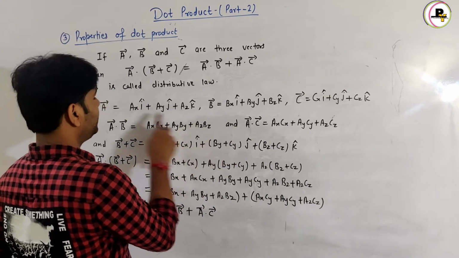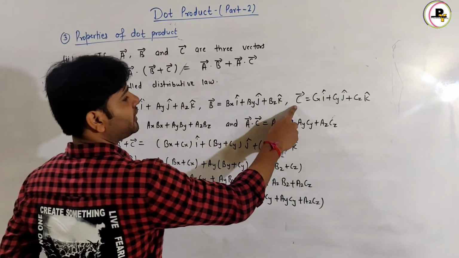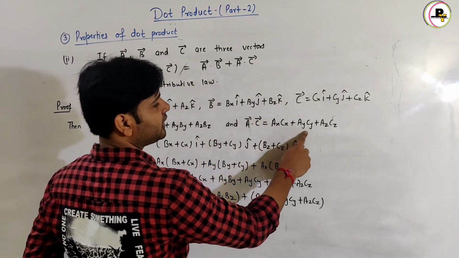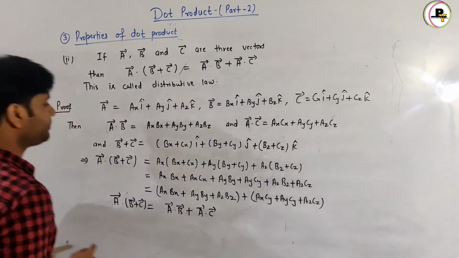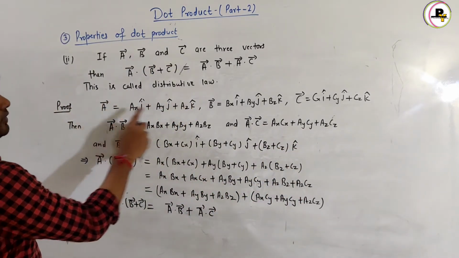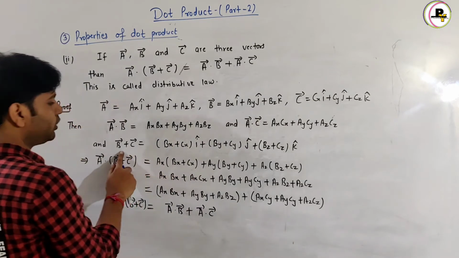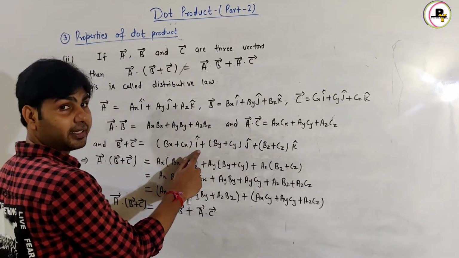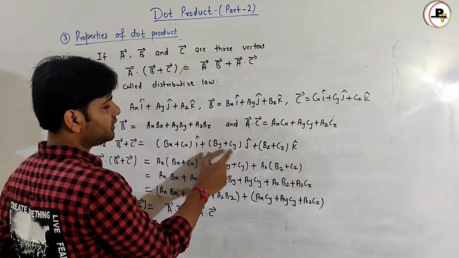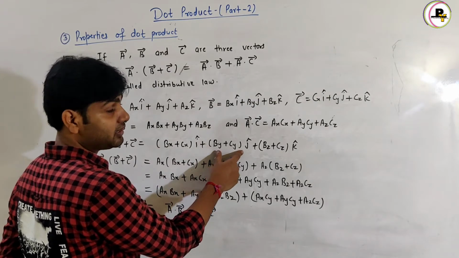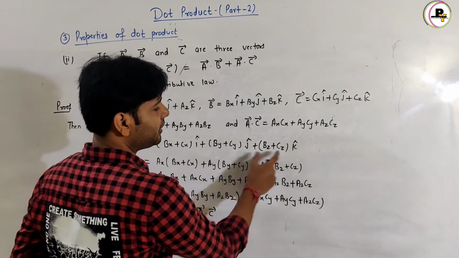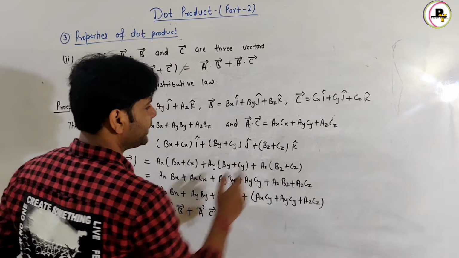And similarly the dot product of vector a with vector c is equal to ax cx plus ay cy plus az cz. If I add vector b and vector c, then I get bx plus cx i cap plus in the second bracket by plus cy j cap plus in the third bracket bz plus cz k cap.